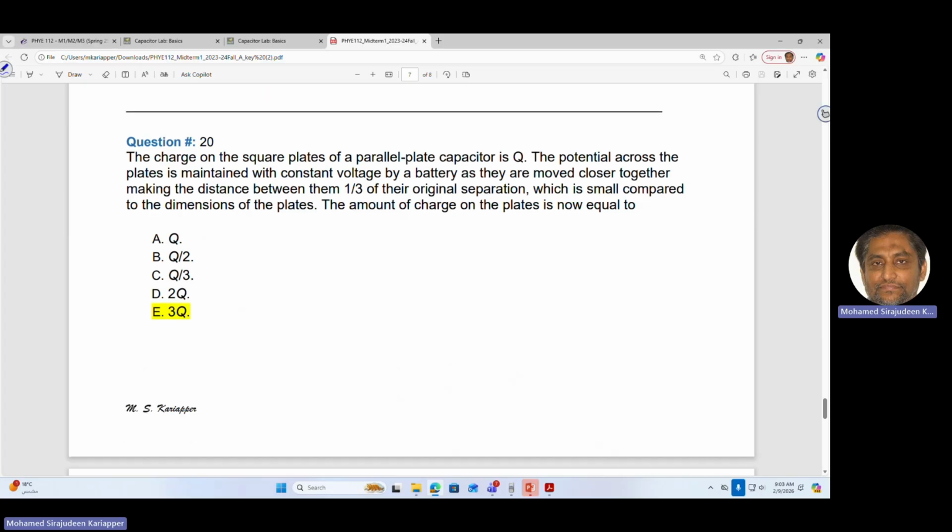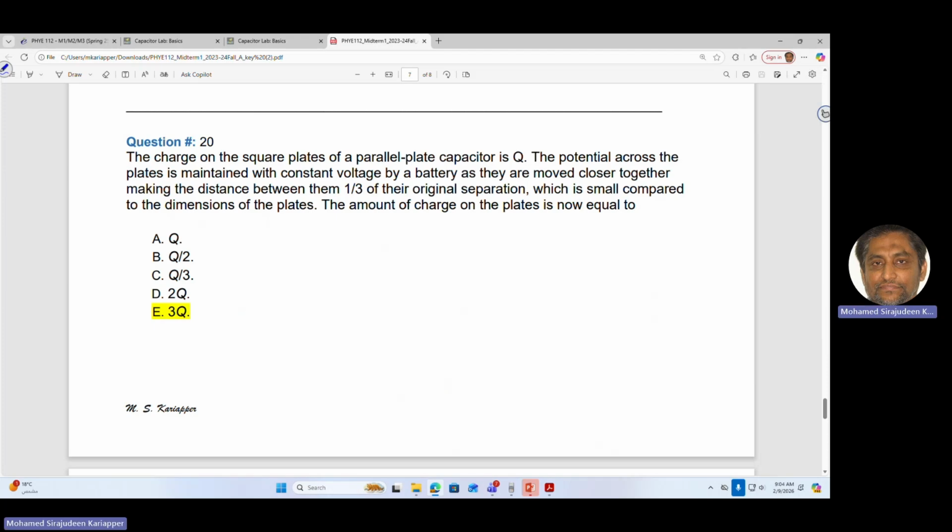Number 20. The charge on the square plates of a parallel plate capacitor is Q. The potential across the plates is maintained at constant voltage by a battery as they are moved closer together to make the distance between them 1/3 of their original separation, which is small compared to the dimension of the plate. The amount of charge on the plate is now equal to?